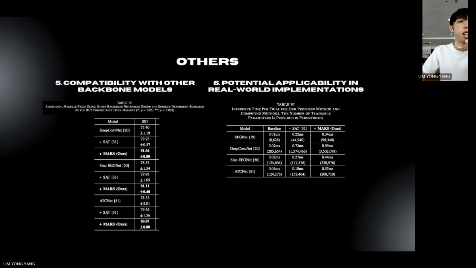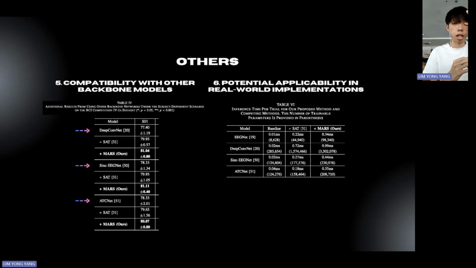And lastly, the researchers also pointed out other things, such as the compatibility with other backbone models, because with the Mars structure, besides using EEG net, you can also use the deep convolutional net, sync EEG net, and also the ATC net.